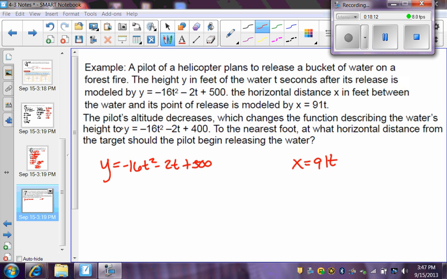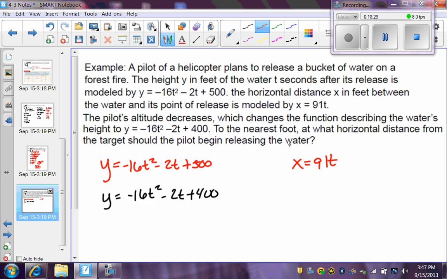Then the pilot's altitude decreases, which changes the function describing the water's height to y equals negative 16t squared minus 2t plus 400. To the nearest foot, at what horizontal distance from the target should the pilot begin releasing water?